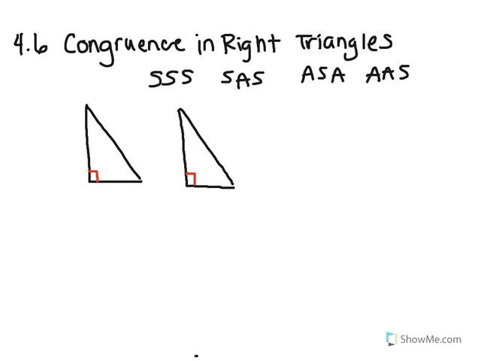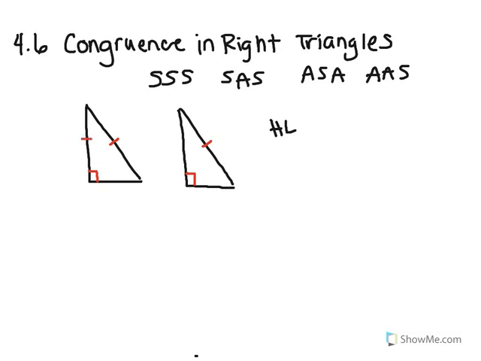So if we have two right triangles, like these, we can actually prove that they're congruent as long as we know that two things happen. And that is if they have a hypotenuse that is congruent, so that would be this side here, and a leg. And it can be any leg.